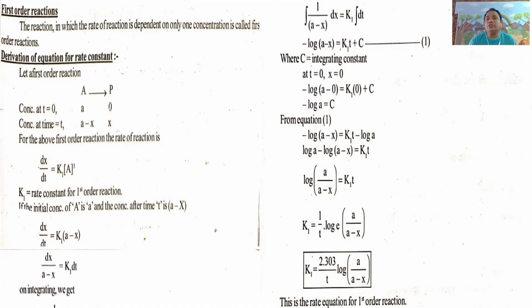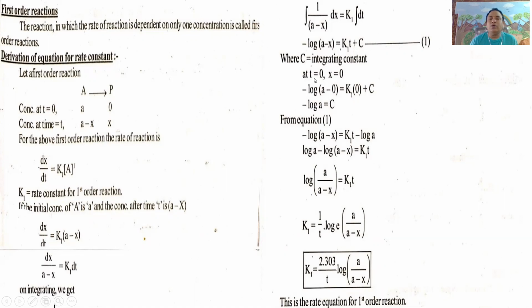Here the integration value of 1 dx by a minus x is minus log a minus x, and that equals K1 into t plus some integration constant C, where C is the integration constant.